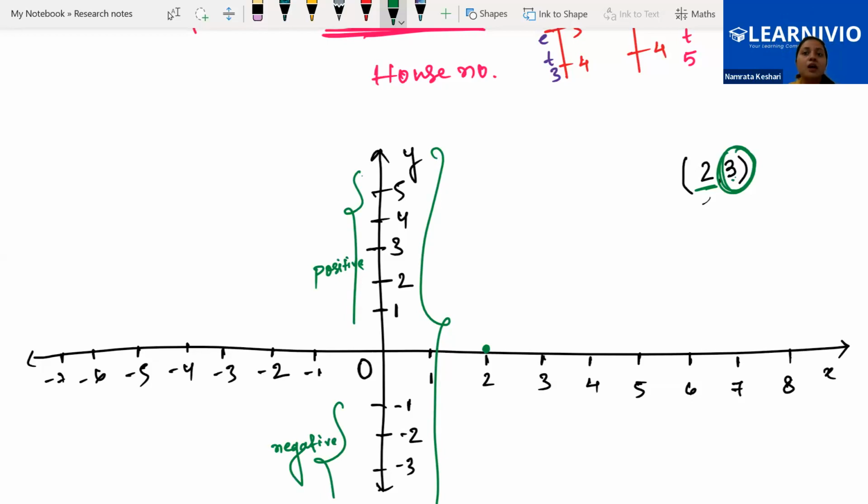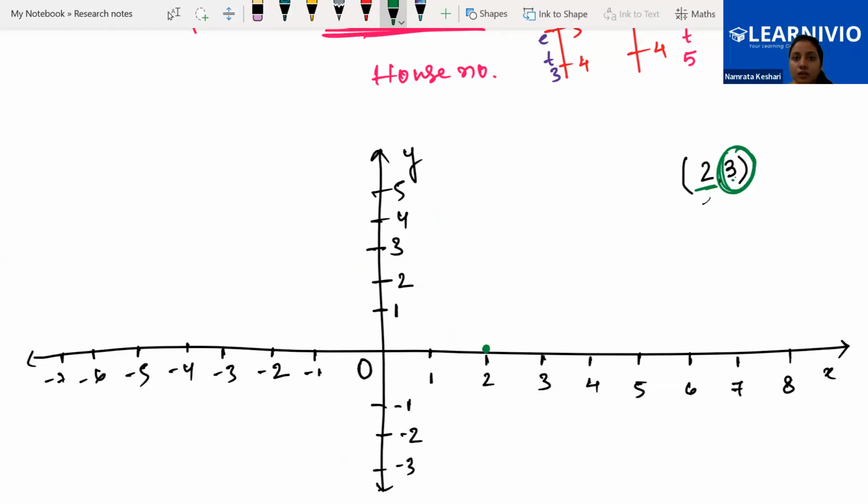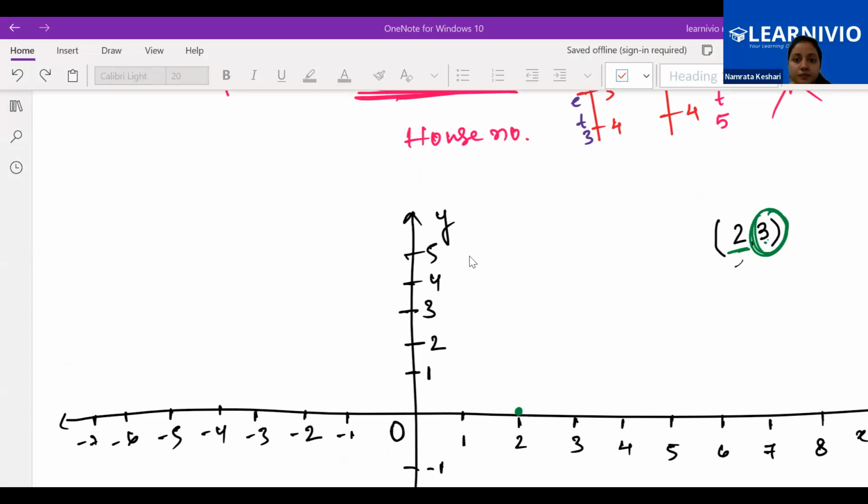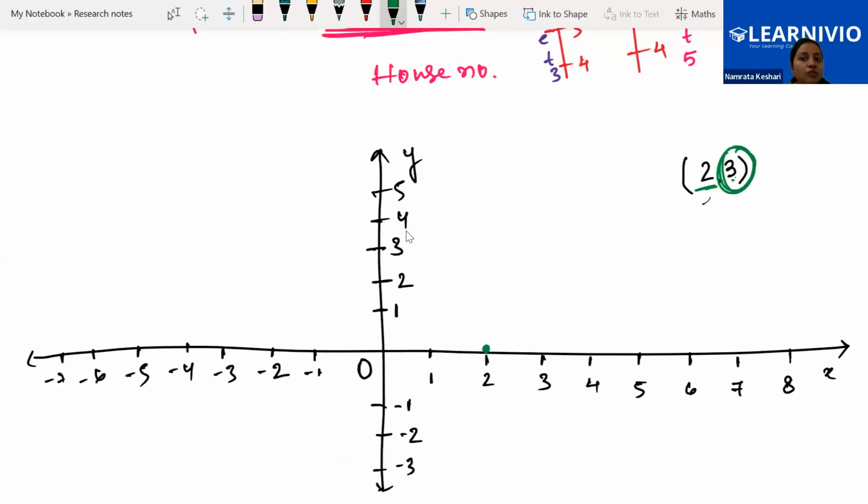Right? Yes, ma'am. So when y is positive 3, where are we going to locate it? Let me show you. Just a second. So we have seen that x is positive 2.